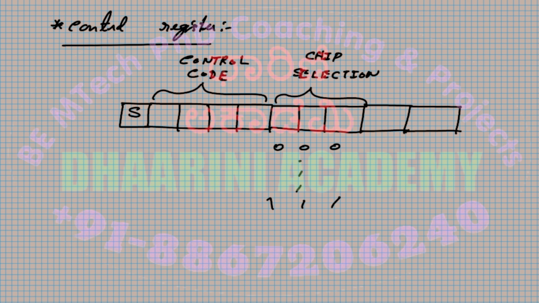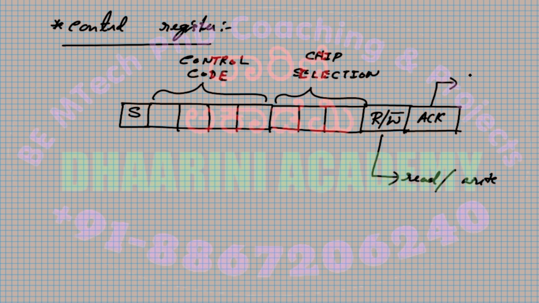So that is 8, correct? Then we have what is called R/W bar, which is read or write. Then this is ACK, which stands for acknowledgement.